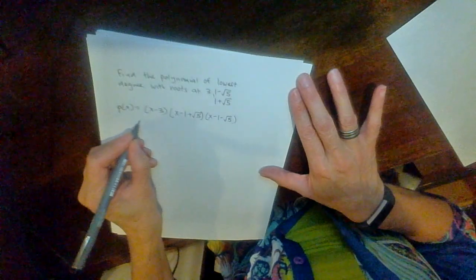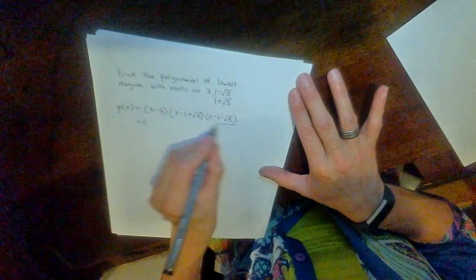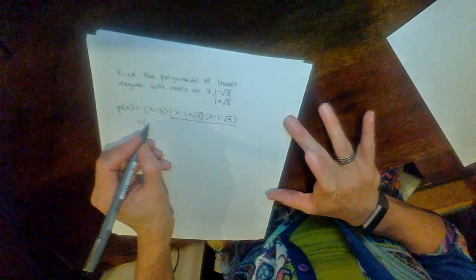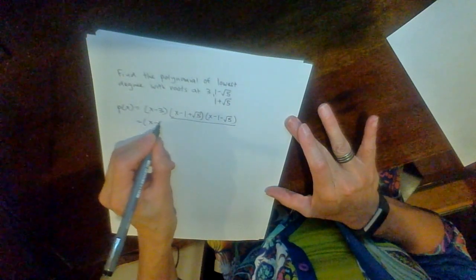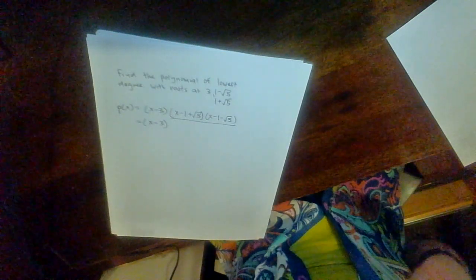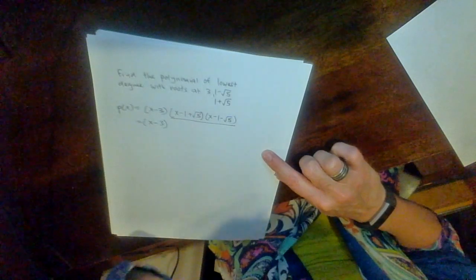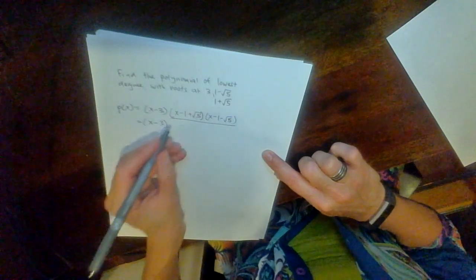A magical thing happens if I multiply these two terms. Because they are conjugates, the irrational part of the term is going to go away. So I've got x minus 1 plus root 5 times x minus 1 minus root 5.